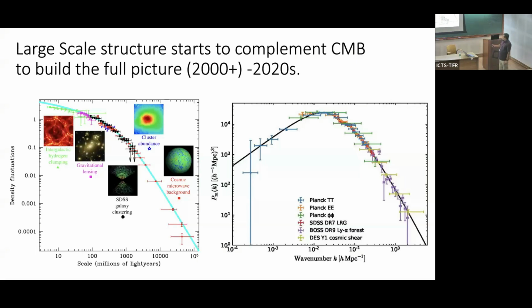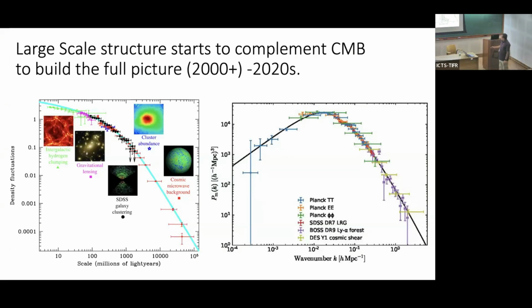And so this is a theoretical curve, okay, of density fluctuation as a function of size. It's basically made for a popular audience, so it's in millions of light years, not in megaparsecs. So the overdensity goes down as the size increases.